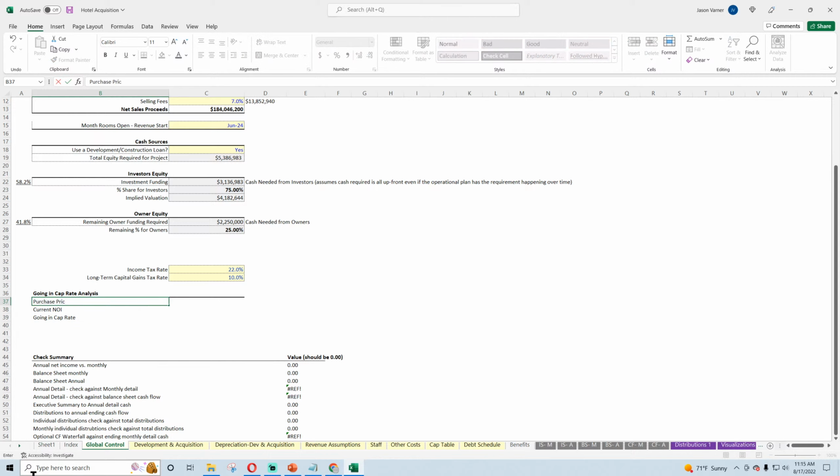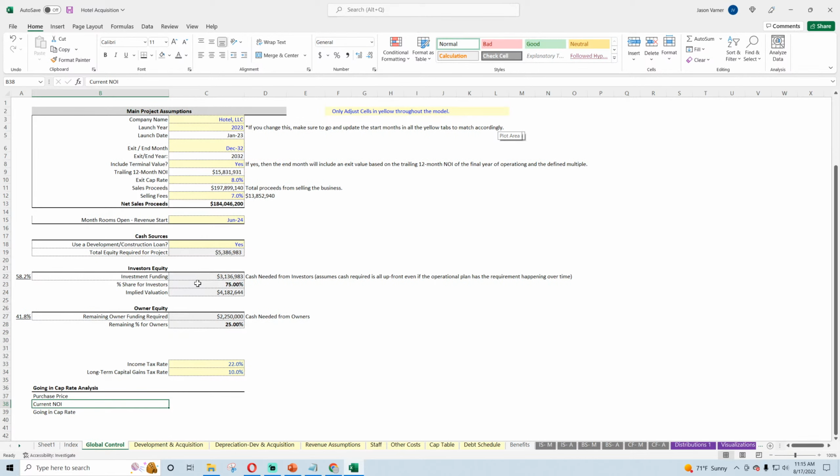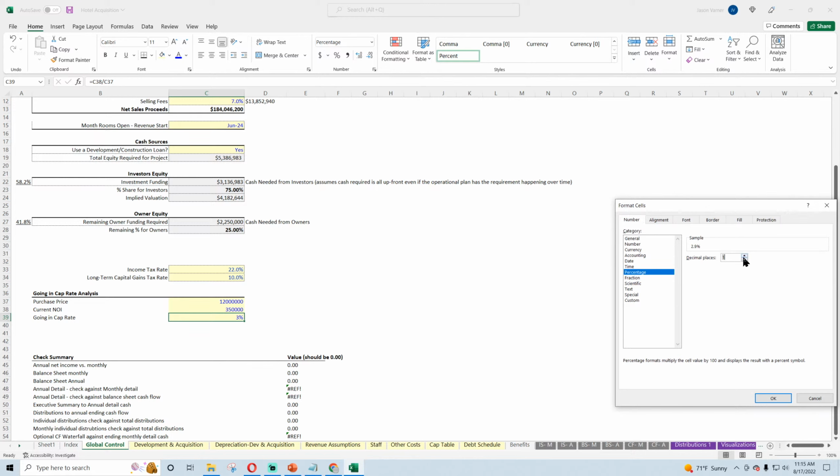Purchase price. Here, blue. So purchase price, let's say it's, I don't know, 12 million. Current NOI, let's say it's producing 350,000. Going in cap rate is just the NOI divided by the purchase price. That's a very low cap.